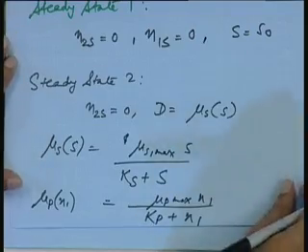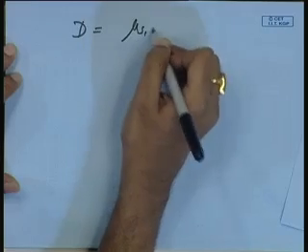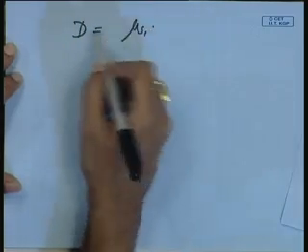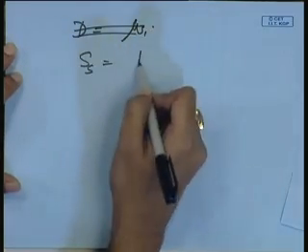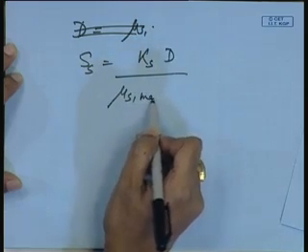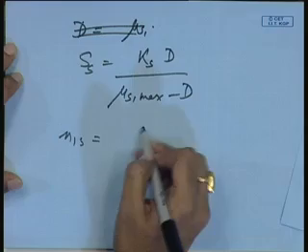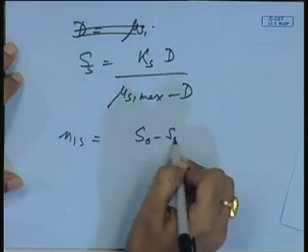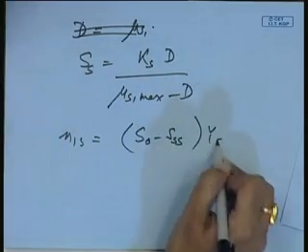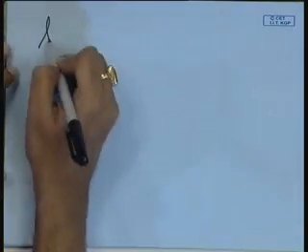Okay, so this is 1. From this you get steady state, I am still on steady state 2. This gives you Ss as Ks D over mu s max minus D, and N1s equals S naught minus Ss times Ys. And let me write steady state 3 quickly.